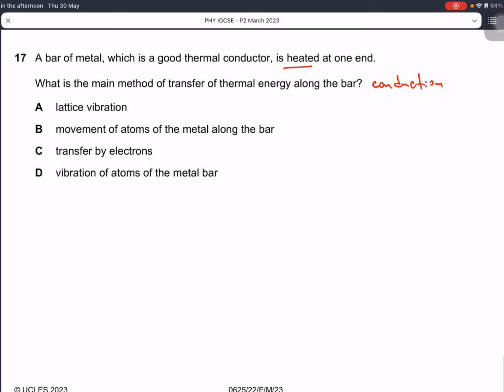There are little differences, but you may think in terms of electricity as well. So how is this energy being transferred? Lattice vibration, movement of atoms? Atoms are not moving here. Basically, electrons are transferring. So the correct answer is C, guys, okay? Vibration of atoms, well, they do vibrate, but they don't carry energy, yeah? The question says, what method transfers thermal energy? So it's going to be C.